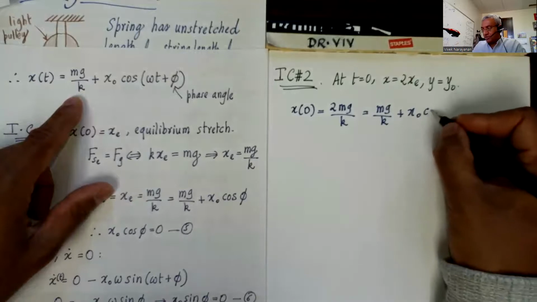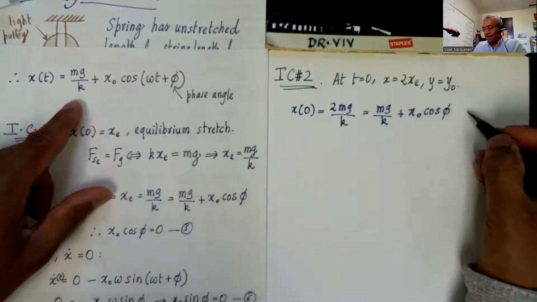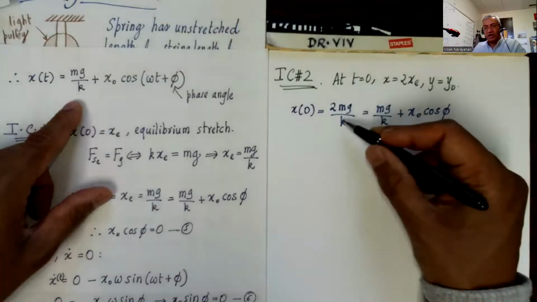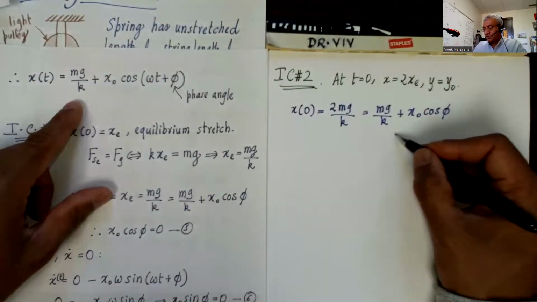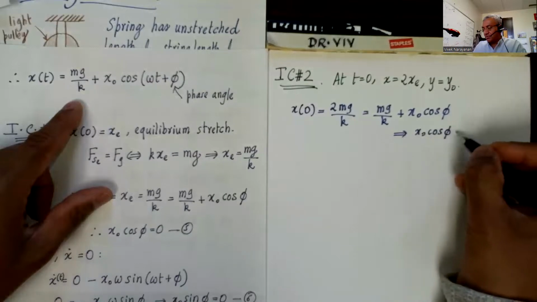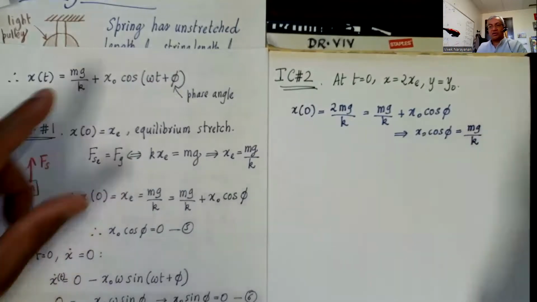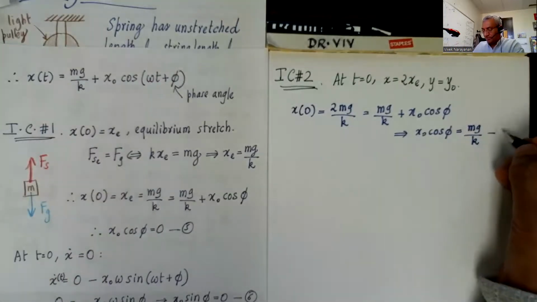X naught cosine phi. So that tells me that x naught cosine phi is equal to mg over k. Well, that's good to know. I think that's equation 7 now.